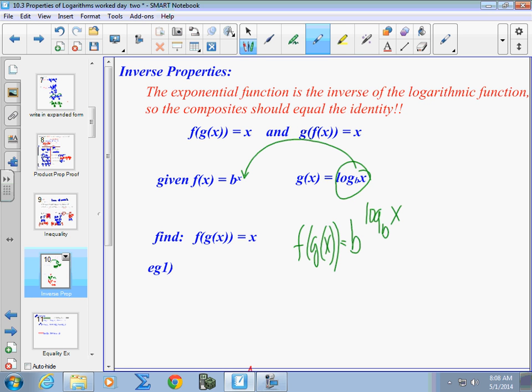Because we know they are inverses, we know they're equal to the identity, or equal to x. Okay? So that's why we have 5 raised to log base 5 of 2, then the whole thing is 2.